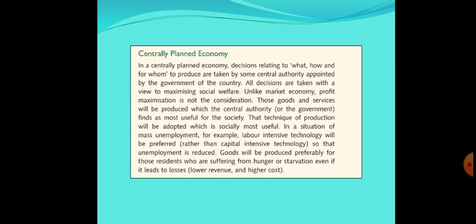It means that all poor people will be given preference. That technology will be employed which maximizes social welfare. For whom to produce, there will be production of commodities for one and all. That is, nobody will be excluded in this type of economy.